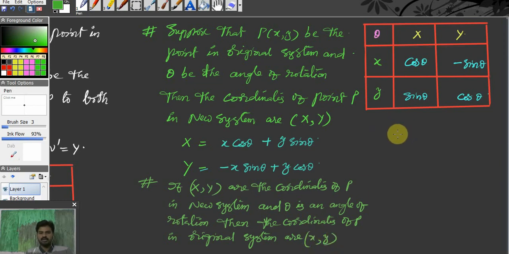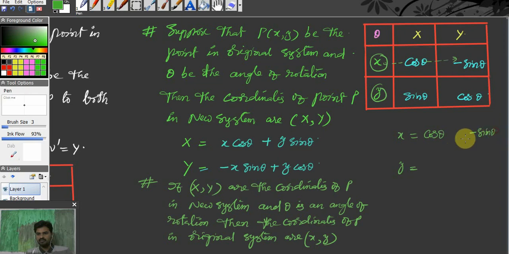Remember carefully, where are small x and small y in the table? Here they are. Now go to the first row. Small x is in this row, and in the row we have cos theta and minus sin theta.